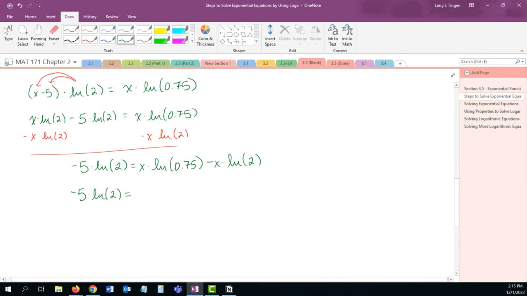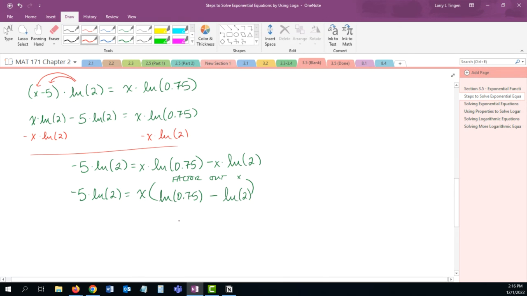And now I'm going to factor. I'm going to bring that x out. So factor out the x. Because remember, the goal is to solve for x. So factor out the x, and that leaves me with the natural log of 0.75 minus the natural log of 2. So now I have a single x. And that's excellent.